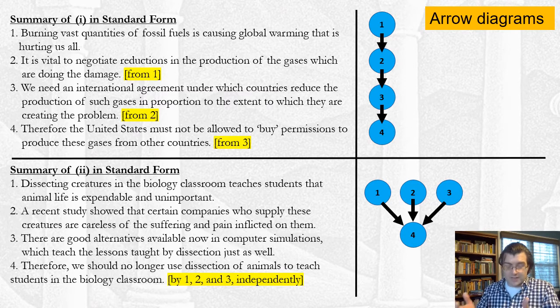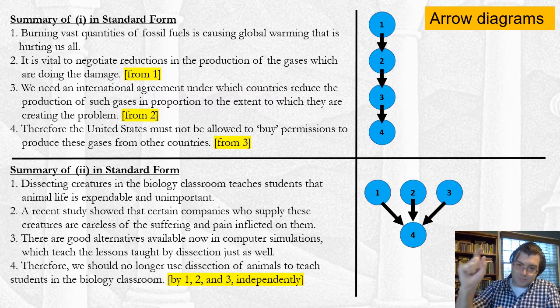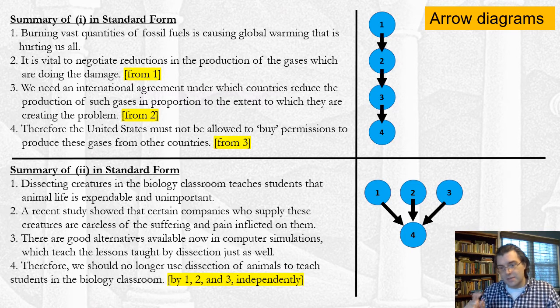Inference tags express those relations in the form of little additional notes to some of the claims within the argument, telling which other claims are intended to support them and how, that is independently or jointly. And arrow diagrams indicate those relations of support by using numbers standing for each of the claims and arrows which indicate which of the claims is intended as the supporting one and which is intended as the supported one.